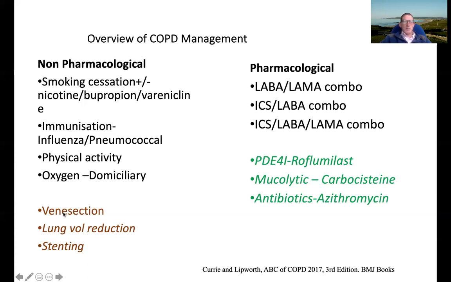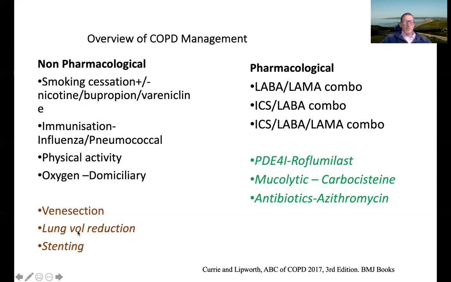We used to take blood off them, venesection, to take a couple of units off every now and again to thin out the blood so that it travels better through the pulmonary capillaries. We don't really do that these days because hypoxia stimulates production of red cells.